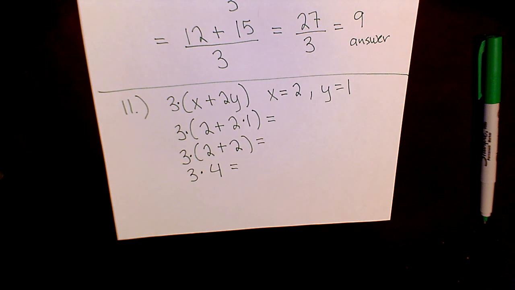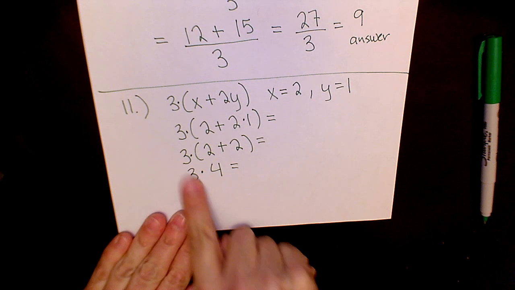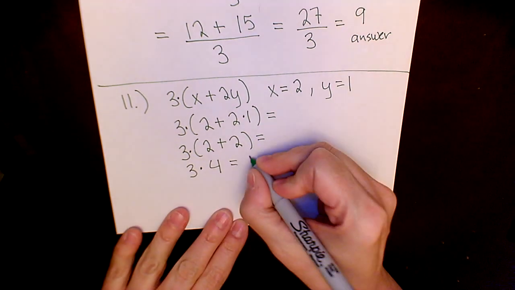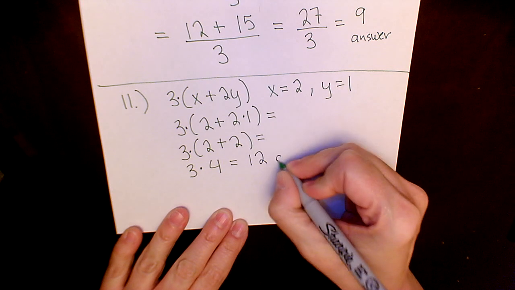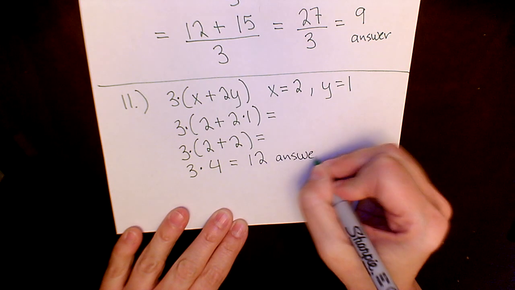That 3 is sitting right up on that parenthesis, so there's another implied times there. I did the parentheses first, and I got 4. And then I'm going to multiply it by the outside 3. And 3 times 4 is 12, and that's my final answer.